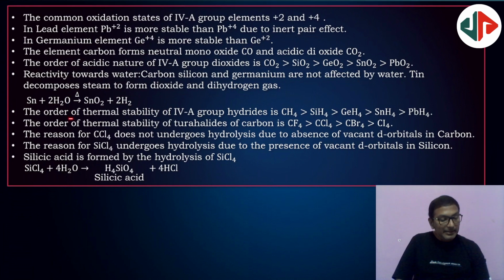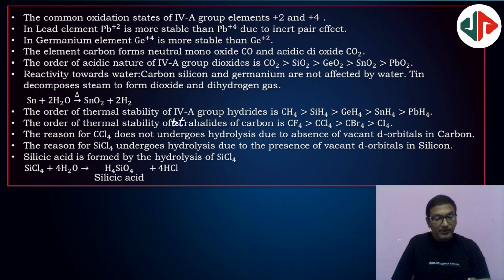Next, the thermal stability of group 14 hydrides: CH4, SiH4, GeH4, SnH4, PbH4. Their stability depends on lattice energy. Next, the thermal stability of tetrahalides. Your tetra should be there.